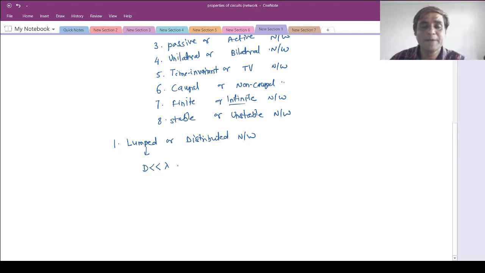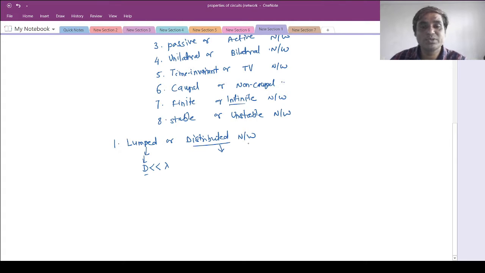In other words, the wavelength of the excitation should be larger than its dimension. In a lumped network, the space variable is of no importance, whereas a network that depends on space is a distributed network.